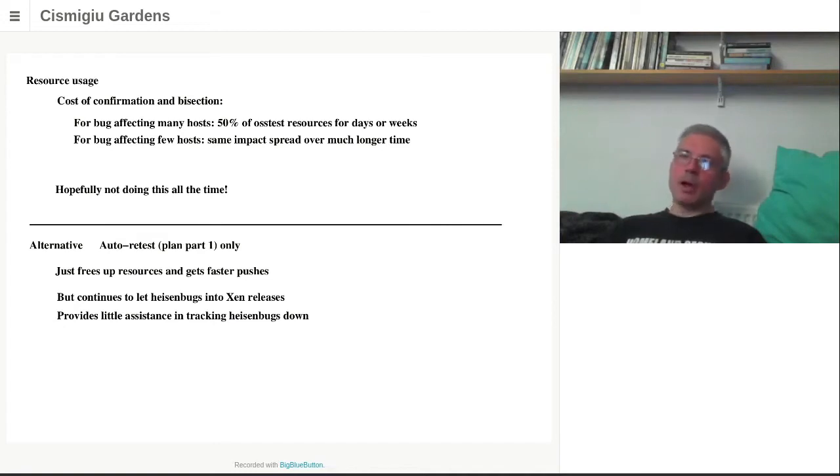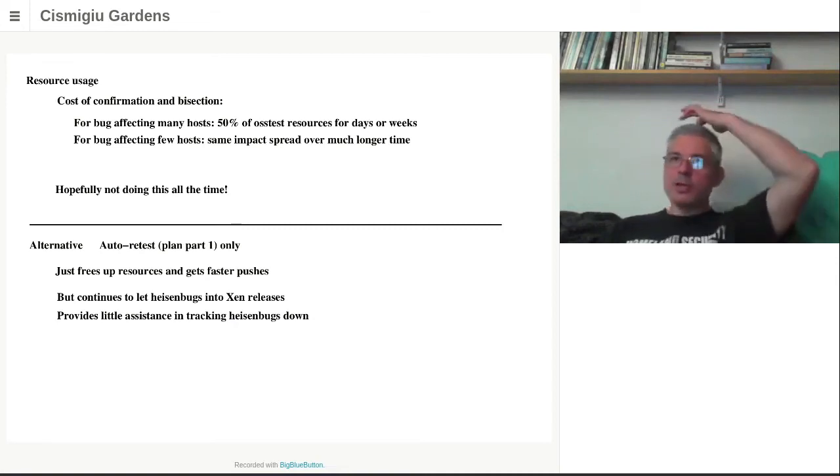I'm not sure whether I'm being over optimistic. The alternative to that is just to do the first part of the plan, which is the auto retest, which will free up a lot of resources. That'll get us faster pushes. I think it's a no-brainer to do at least this, but the question is whether we want to do better than that. Okay, so that's the resource usage considerations.